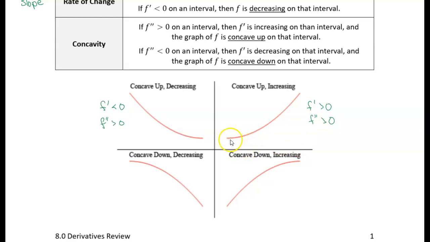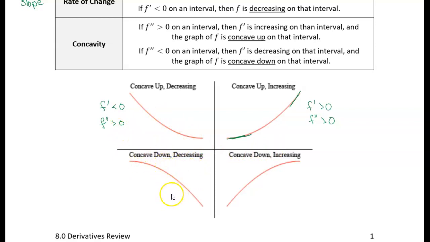So it's a little more clear. Down here you've got a slope like that, whereas up here you got a slope that's a little steeper. Okay, so it's increasing in the positive direction instead of decreasing in the negative direction. But either way, the second derivative is positive.